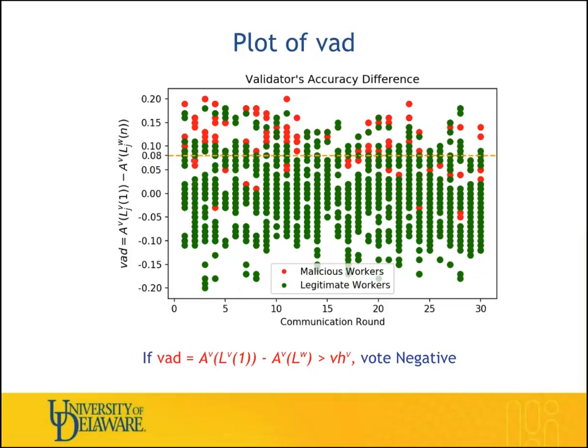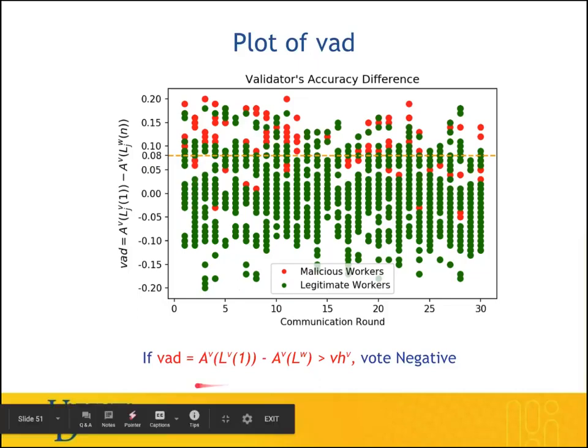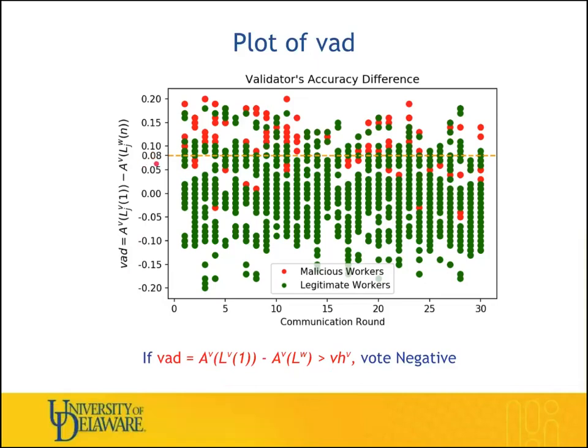And we said that if VED is larger than the threshold value, the validator should cast a negative vote. This plot shows an almost consistent conclusion to this validation mechanism, because if we look at this VED equals 0.08 line, the majority of the malicious nodes reside above this line.